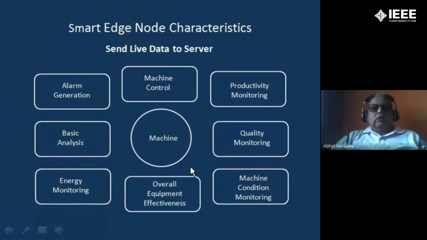And what are the expected characteristics from a smart edge node? It's monitoring the productivity. That's the first function, because all this is going on because you want to increase your output. Why do you want to increase your output? Because you want to be competitive in the market.